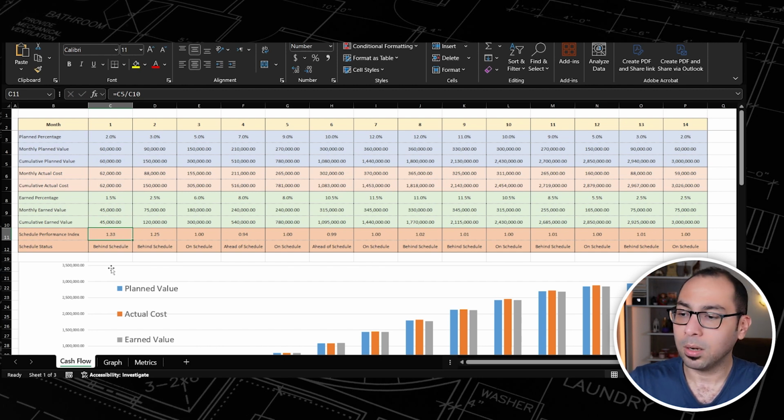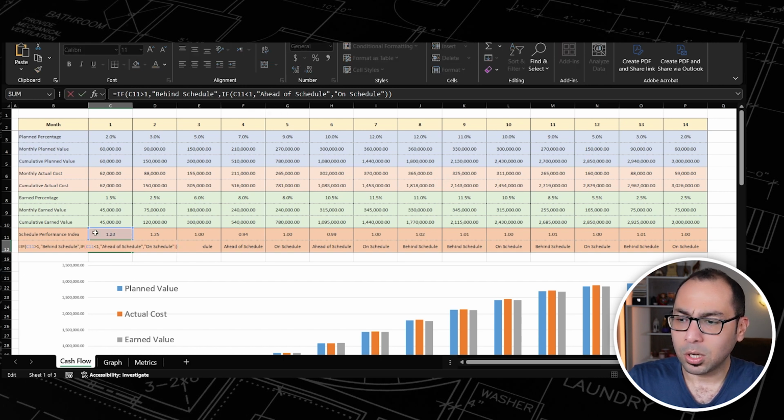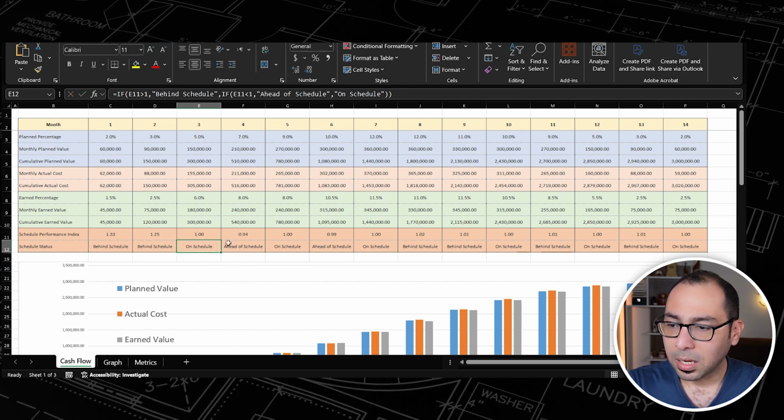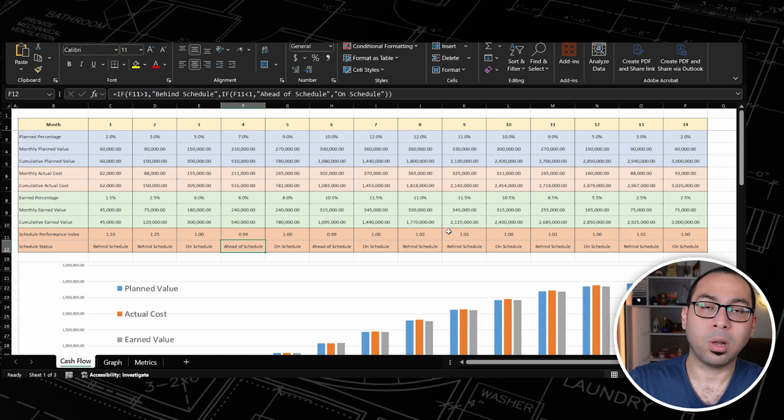Is it more than 1? And here I have one Excel formula that will do that. It checks whether this number is less than 1, equal to 1, or more than 1, to put here behind schedule, on schedule, ahead of schedule, and so on, so that I keep looking at this cell every month to see my status in terms of time.